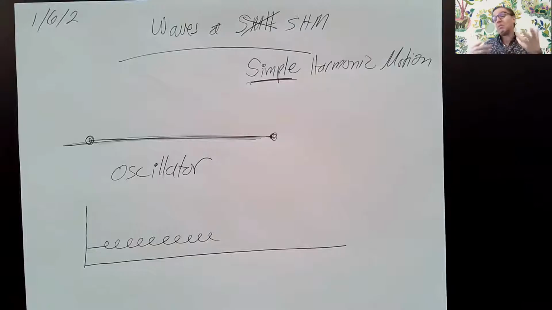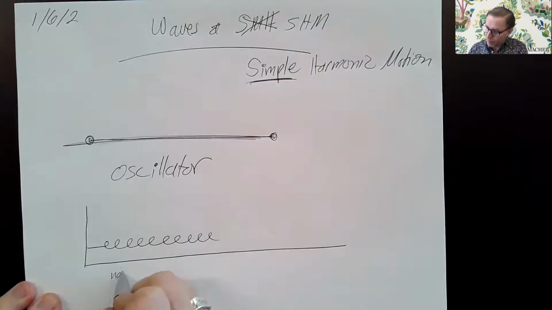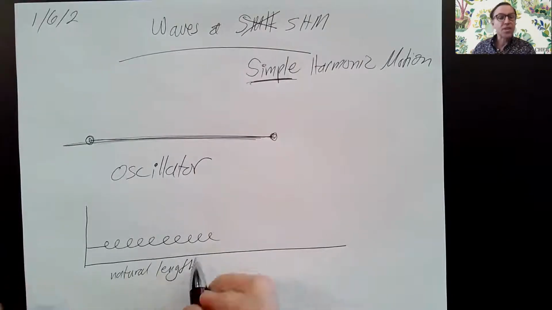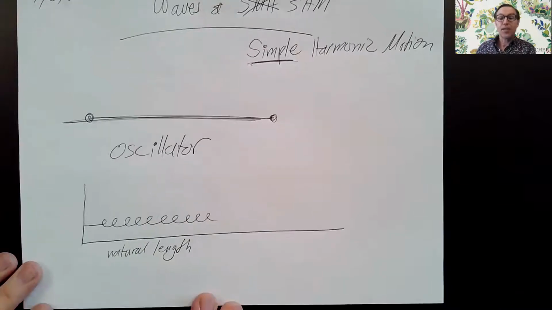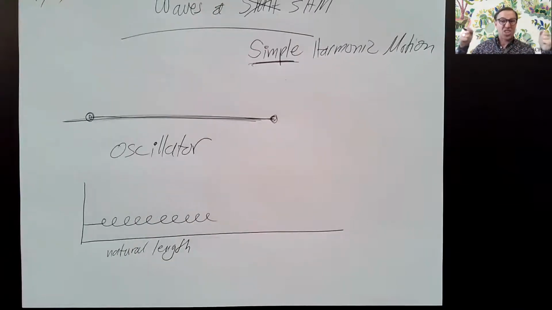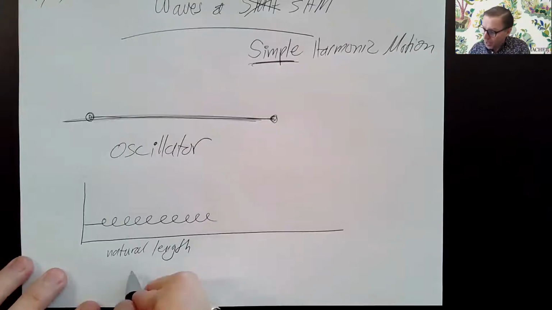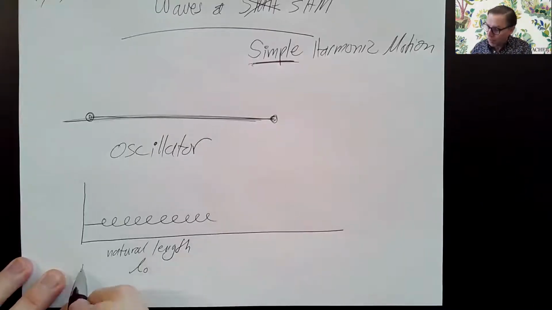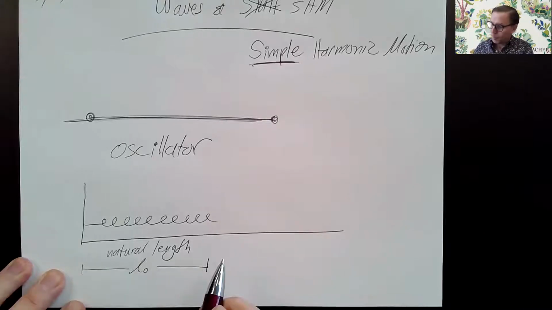But their natural length is their length when they are neither stretched nor compressed. They're just lying there. Sometimes that's called L0 for the natural length.